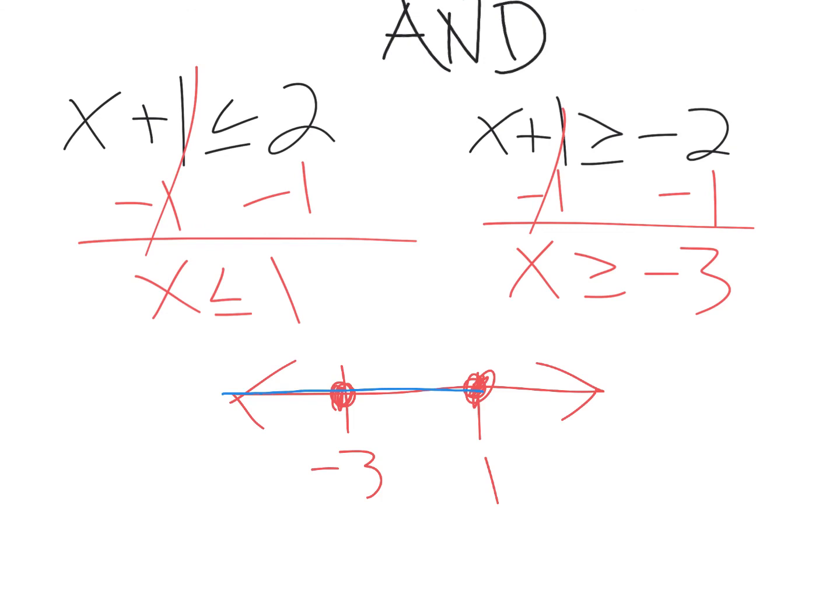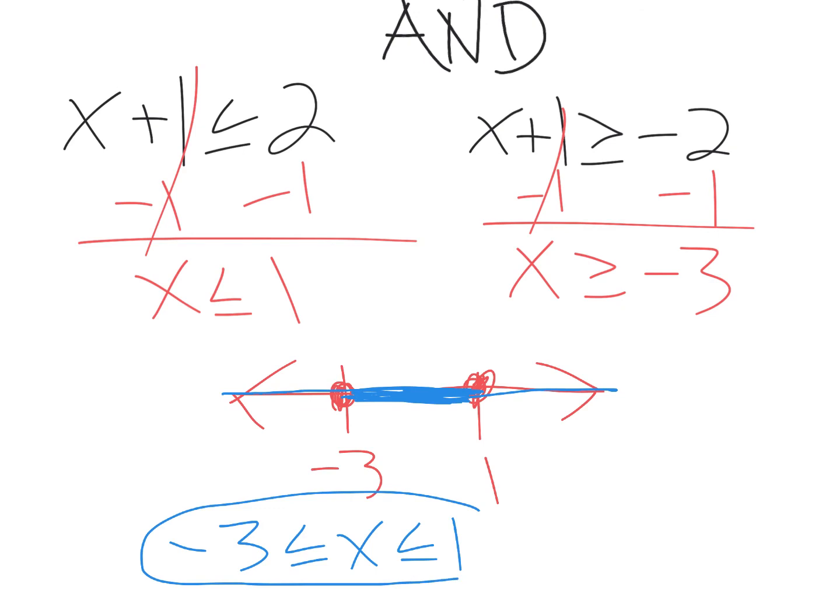X is greater than or equal to -3 will shade to the right. And since it's an AND problem, the overlap is where they are true, because it needs to be true for x is less than or equal to 1 and x is greater than or equal to -3. So in other words, x is in between -3 and 1, so you'd write your final answer like this as a compound inequality.